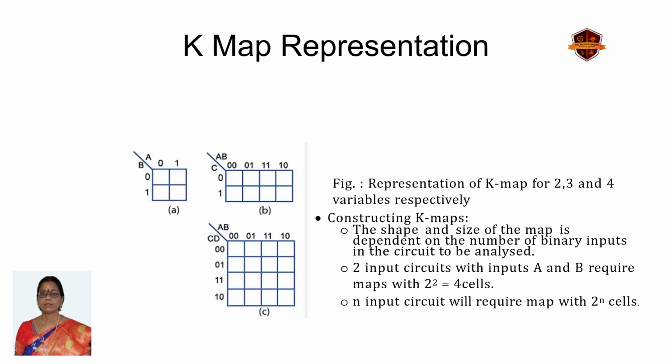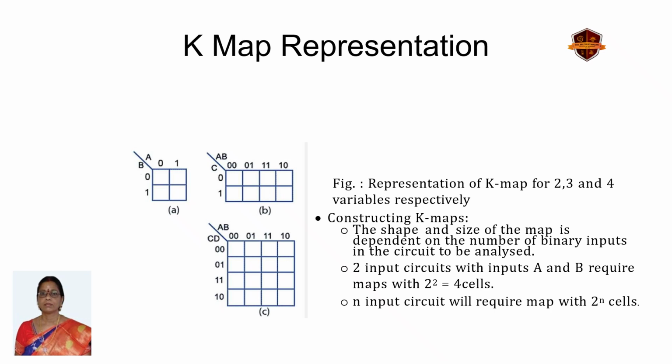How to construct the K-map? Shape and size of the map is dependent on the number of binary inputs in the circuit to be analyzed. The 2 input circuit, for example, with the variables A and B, which is shown in figure A, is provided with 2 power 2, which is equal to 4 cells.